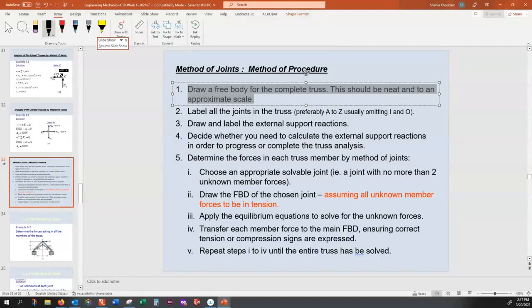You have to choose the right method of joint. Otherwise, if you started from the wrong place, that is not solvable. So the forces you find, you can transfer them to the next step. All right? So what you find from one step can be transferred to another step, make the next step solvable.